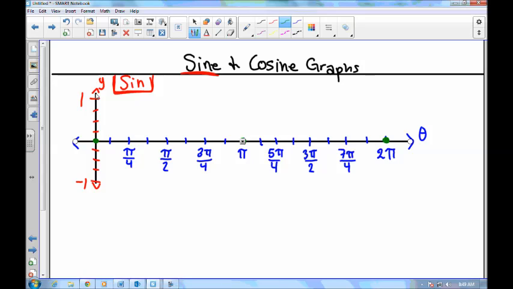Now in between those zeros, it will hit maximums or minimums. So again, look at sine, and will you point, please? Is it going to hit a maximum for the first part or a minimum for the first part? Between 0 and pi, does it hit a maximum? Point up if you think it's a maximum, point down if you think it's a minimum. Good. Okay, so that's halfway between. Halfway between 0 and pi is pi halves.